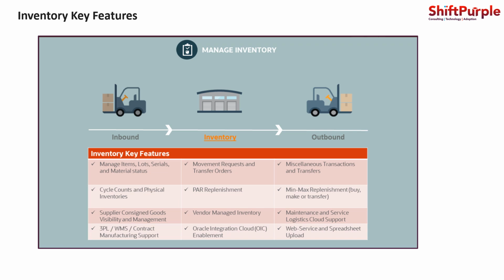That means integration of a third-party tool with inventory can be done. Miscellaneous transactions can be done. Min-max planning can be executed. Maintenance and services, logistics cloud support. So these are a few key features of the inventory org. There are many more.